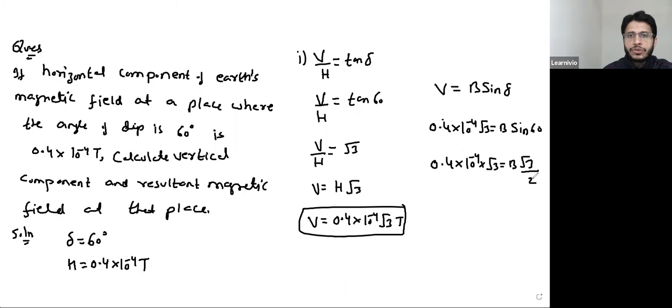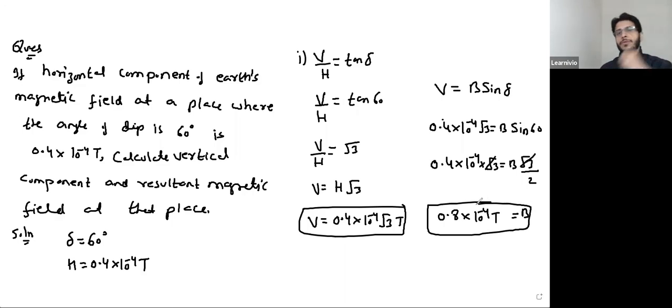Sine 60 is root 3 by 2, so this root 3 will cancel this root 3. B is 0.8 into 10 raised to the power minus 4. So this is the total strength of Earth's magnetic field, which is 0.8 into 10 raised to the power minus 4.